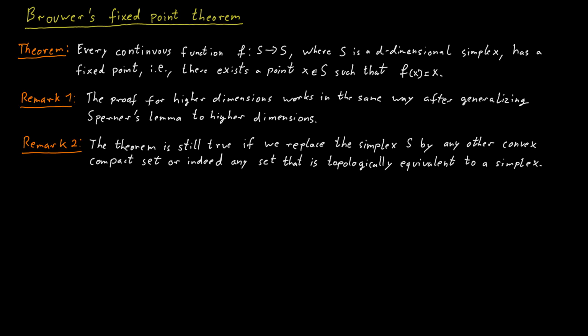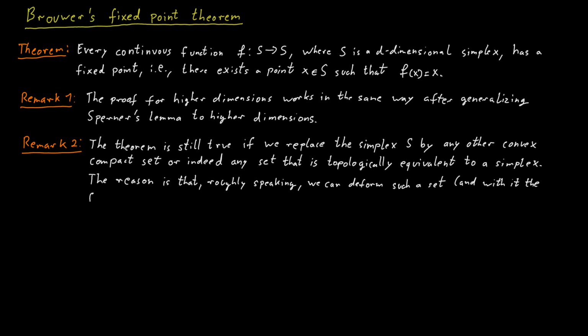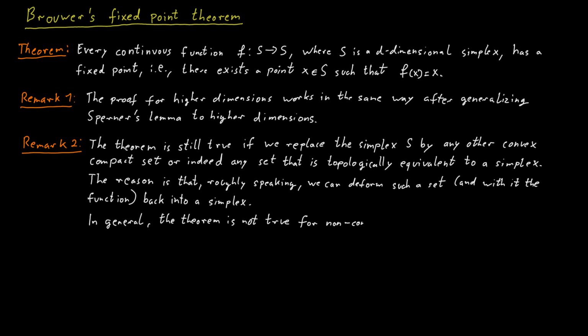The reason that this still works, as long as the set is topologically equivalent to a simplex, is that, roughly speaking, we can just deform the set and with it the function back into a simplex form. And then we can apply the theorem. But be careful, because the theorem in general is not true for arbitrary non-convex or non-compact sets.